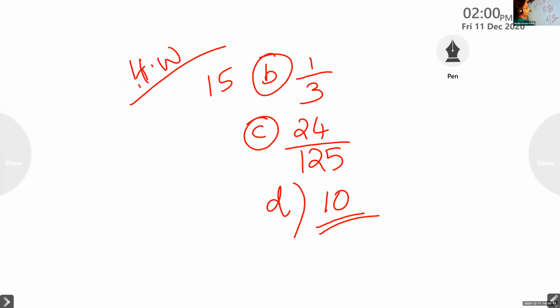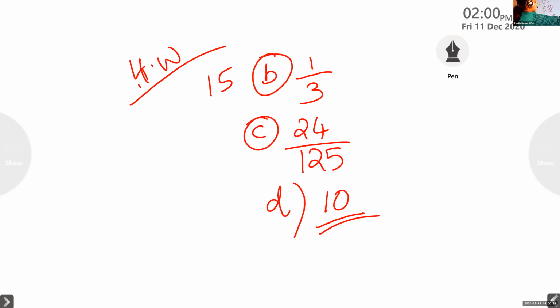Any method, we will get the same answer. Cutting method also, but here we will write till the lowest form. So this is question number 15, B, C, D, the homework answers. You can check. Okay. Now we will start with question number 16.